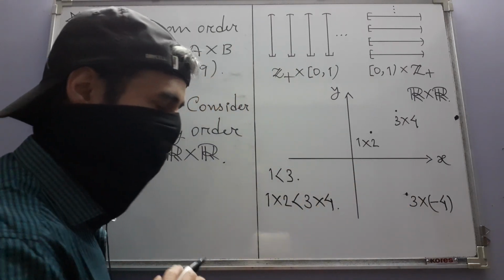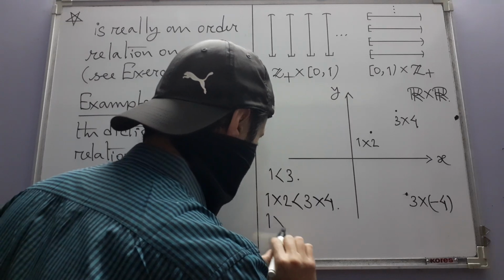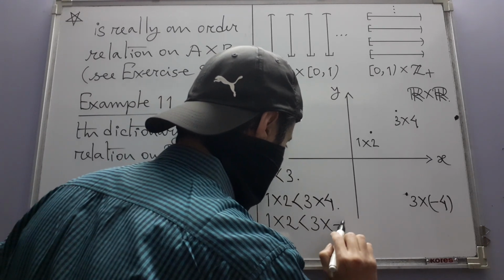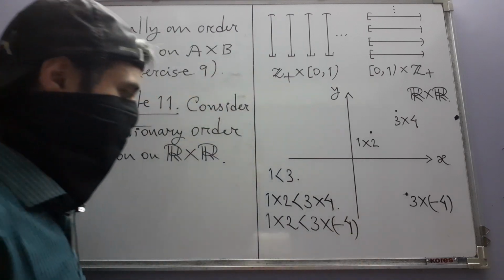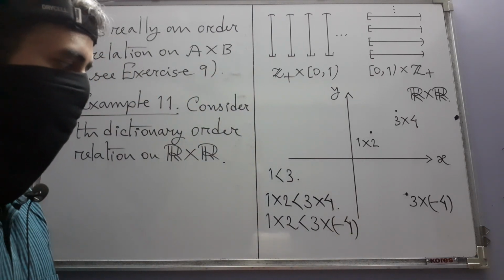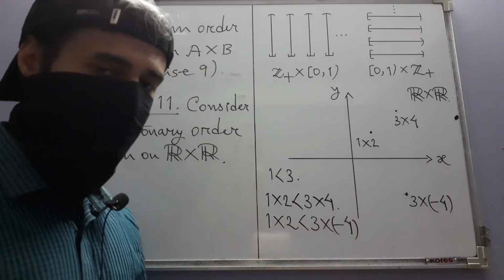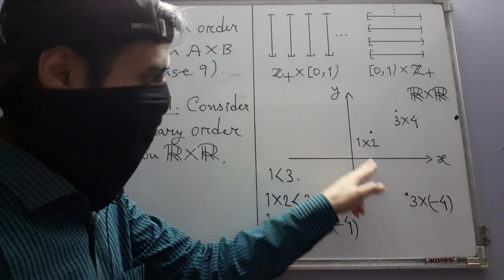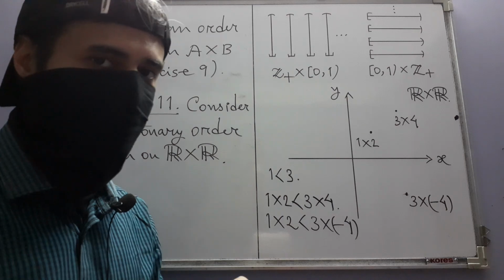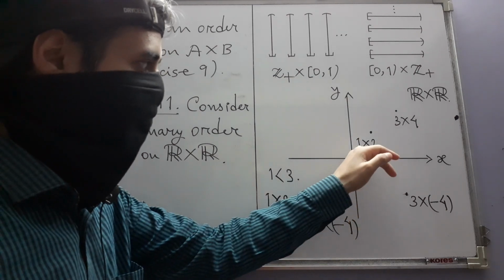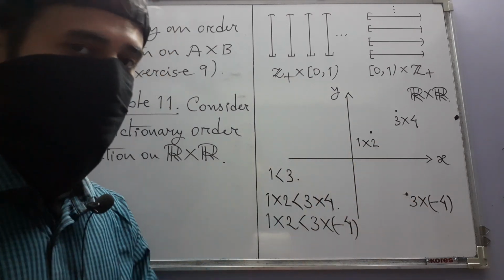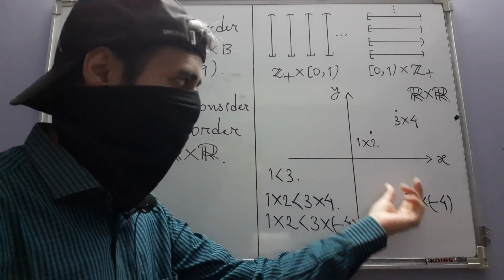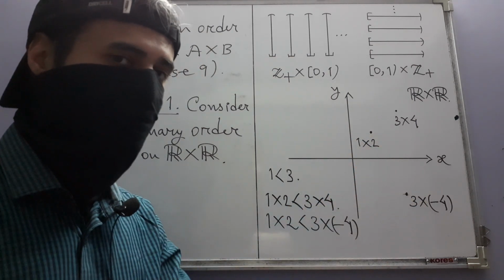So, by the definition of dictionary order, this is also less than 3, minus 4, in spite of 2 being greater than minus 4. If the first coordinates of our points are not equal, then one of them will be less than the other, and that itself will determine which ordered pair will be less than which one.